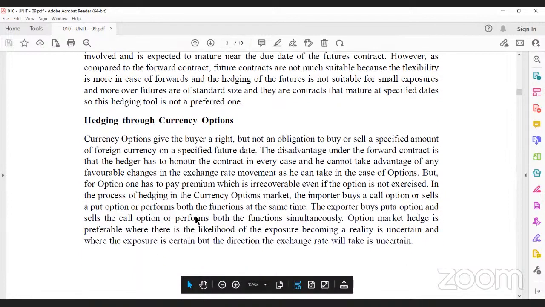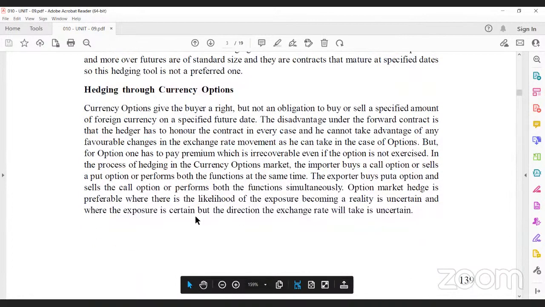Next, we have hedging through currency options. Now, a currency option will provide the buyer a right. It is not an obligation, but it provides a right to buy or sell a specified amount of foreign currency on a specified future date.